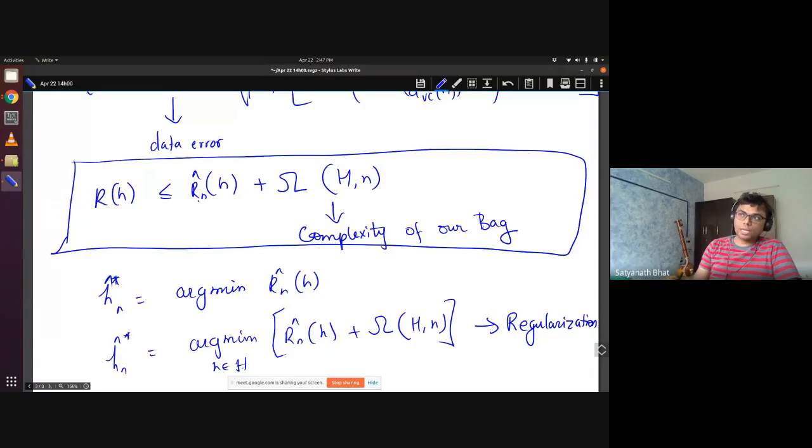I should minimize over A as well as B. For example, if I choose a state of the art neural network model, I may get very good control here, but this may be very high. Whereas with simple linear regression, I may not do well here, but this may be very low. So you have to minimize the sum total of both.